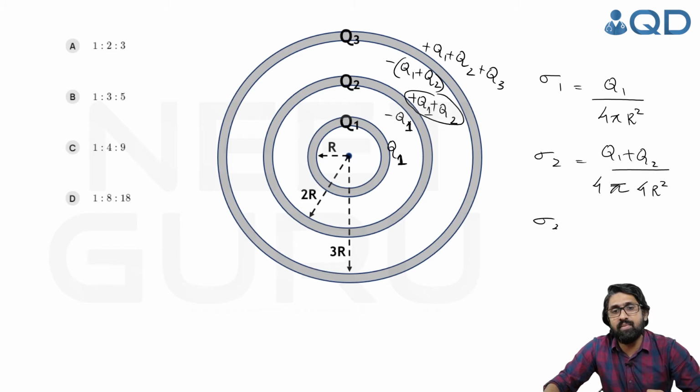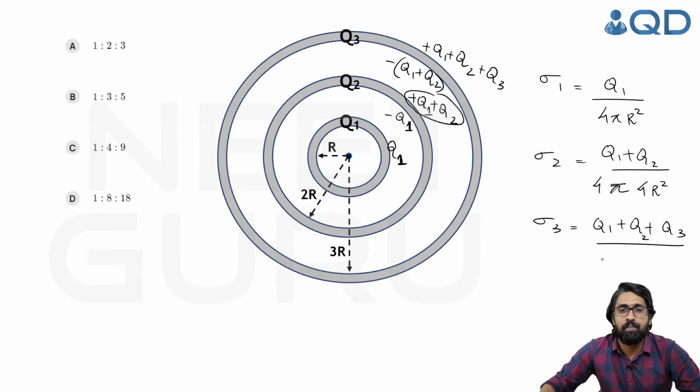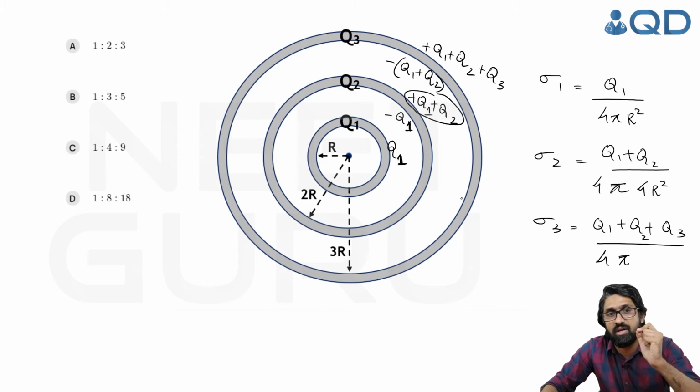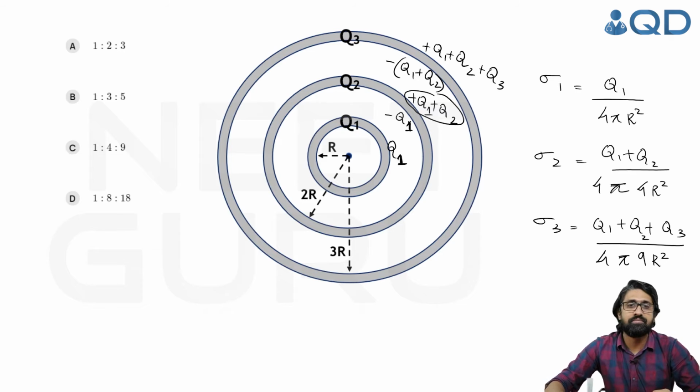And then sigma 3, which is the surface charge density of the outer surface of the third shell, will be the charge on it, that is q1 plus q2 plus q3, divided by 4 pi into (3r) square. 3r is the radius of that shell. So you have 9r square.